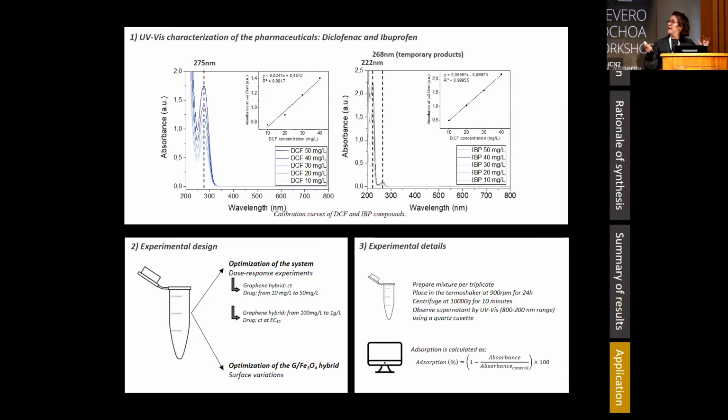And we firstly wanted to design the experiments. As you can see, first we developed some dose response experiments in order to know how the system would more or less behave. And then we wanted to optimize this hybrid even more via other surface variations that I will explain to you later.